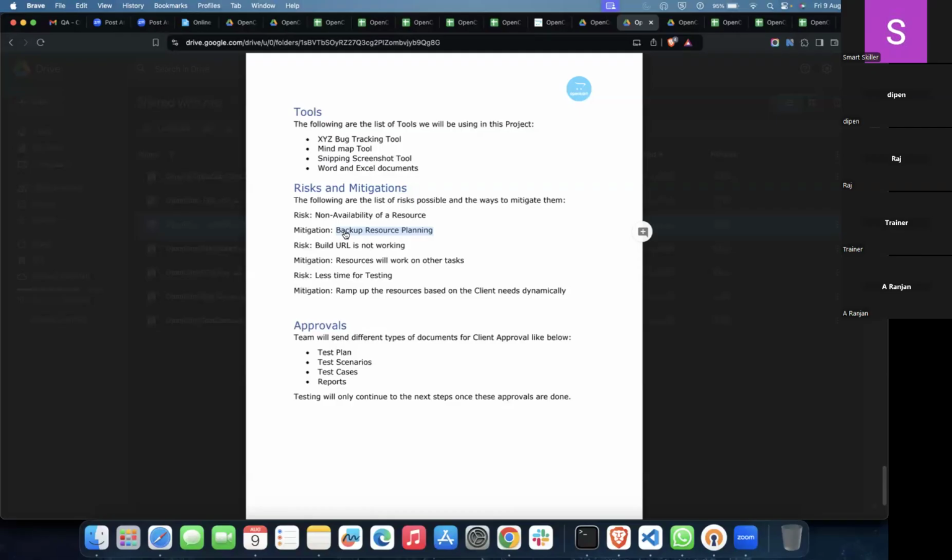Okay. Second, build URL is not working. And how do we mitigate it? Resources will work on other tasks. There is a high possibility that during the development phase itself, the URL on which the website is hosted might not be working.